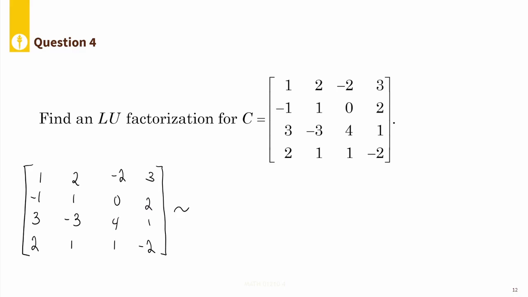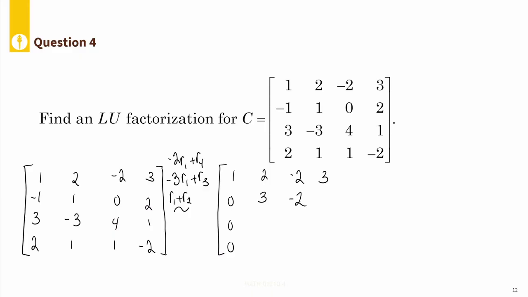Oh boy. Zero out the first column. Oops, not row 2, row 3. All right, let me get what? 2 plus 1 is 3.